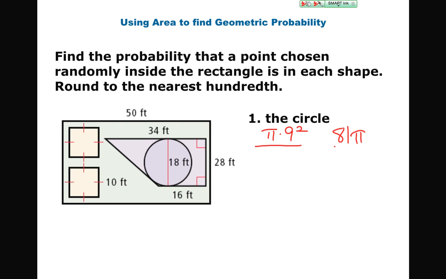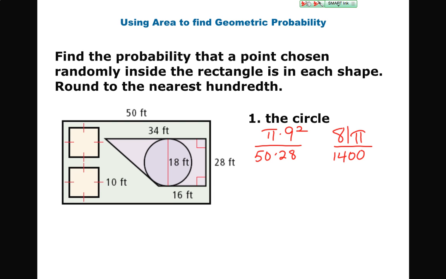Out of the area of the whole rectangle. The rectangle is 50 by 28. 50 times 28 is how much? 1,400.